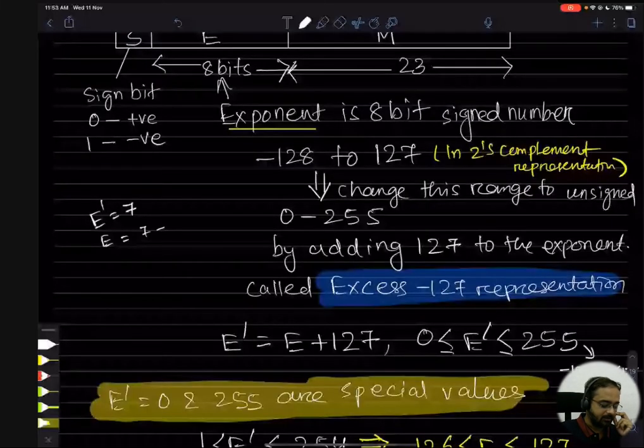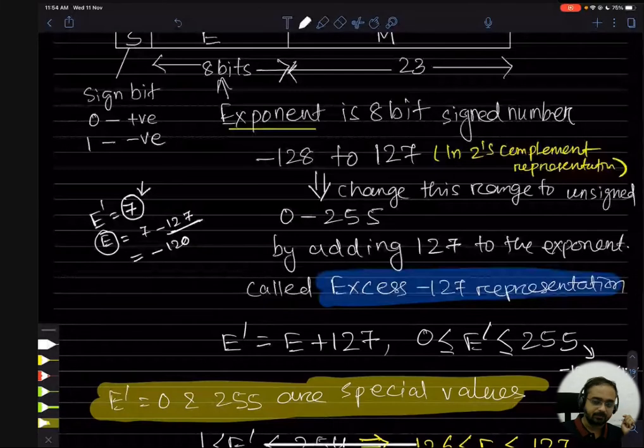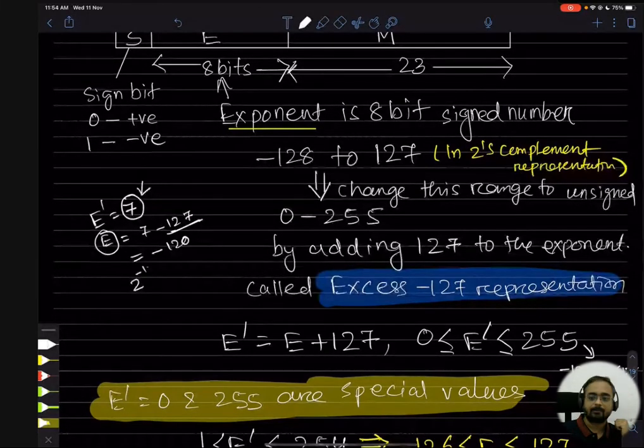To get the original value, you have to do minus 127, because this 7 comes after doing the addition of 127. Whenever we want to get the original exponent, you have to do minus 127. Then you will get minus 120 as the exponent. So we can write it as 2 to the power minus 120.